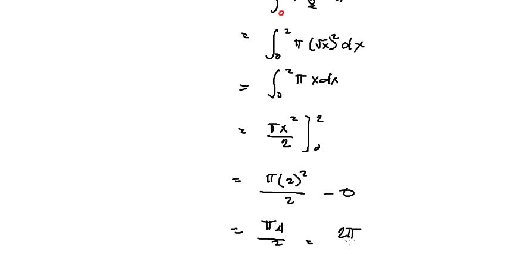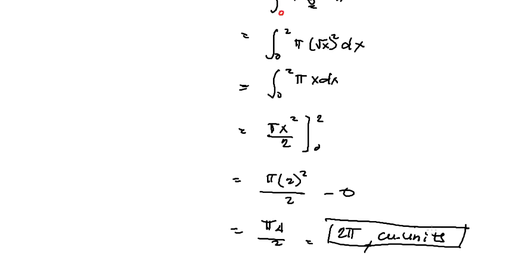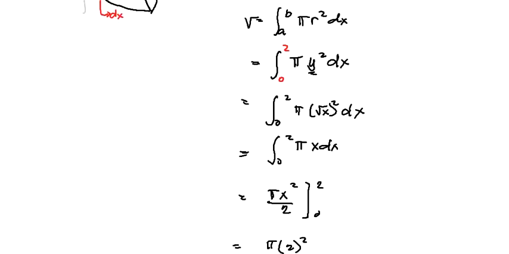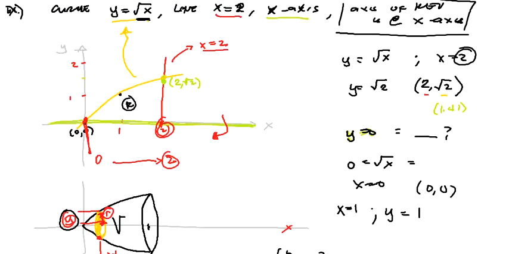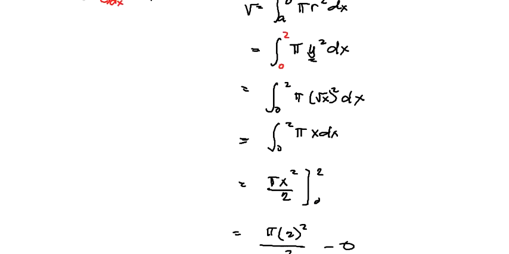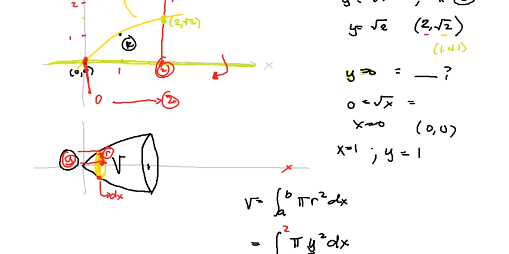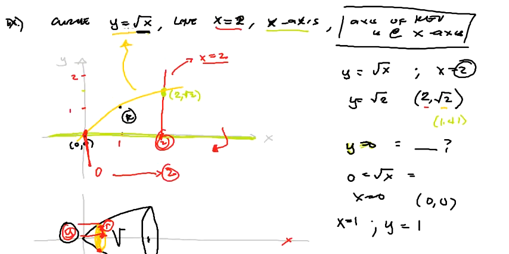Okay, 4 divided by 2 is just 2. Then we have our pi. So we have 2 pi cubic units. So the volume of the said solid is 2 pi cubic units, bounded by the curve y is equal to square root of x, line x is equal to 2, and the x-axis, and the axis of revolution is at the x-axis.